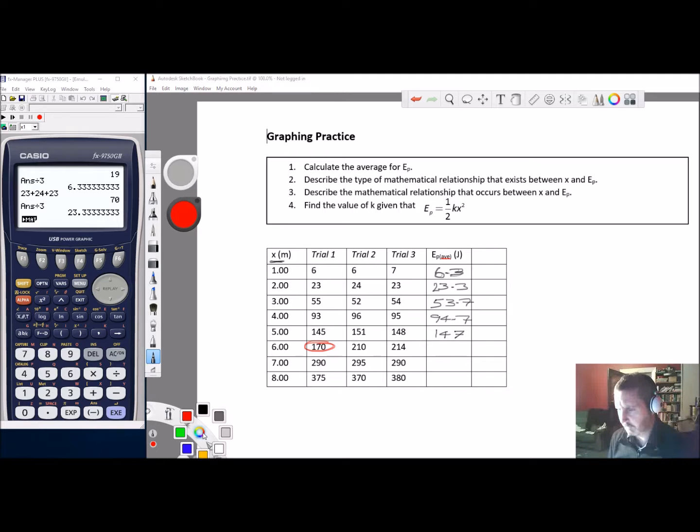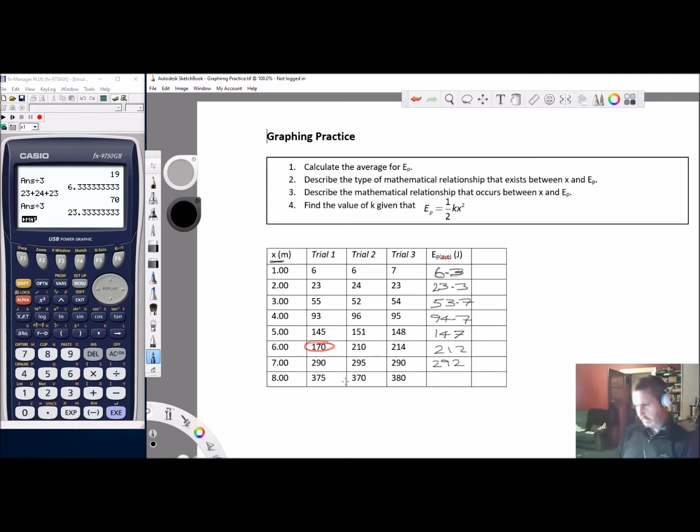And of course, I don't really have to do that on the calculator. The average of 210 plus 214 is 212. Okay, we'll just average the last couple here. 290, 295 plus 290 gives us 292 roughly.